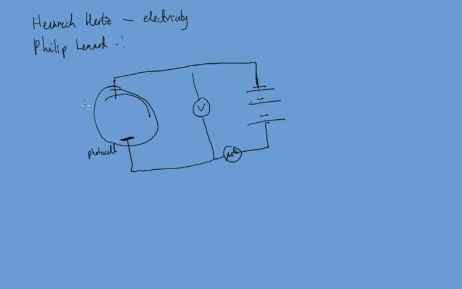So here, coming in here, you'd have a light source. And it reflects off this plate. So this is our incident light. And this is a variable power supply.